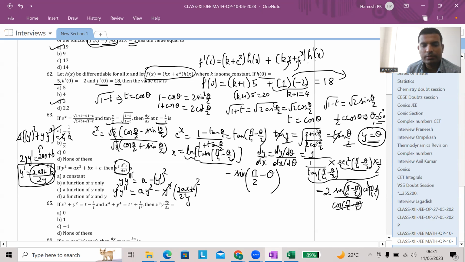So y square will get cancelled. So here I'll have only x terms, but there is a y square here. But I know that y square can be written as a function of x alone. So that means y cube into y double dash will be a into ax square plus bx plus c minus 2ax plus b by 2 whole square. So the right answer is: it's a function of x alone.